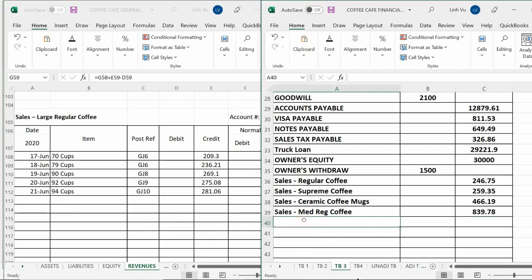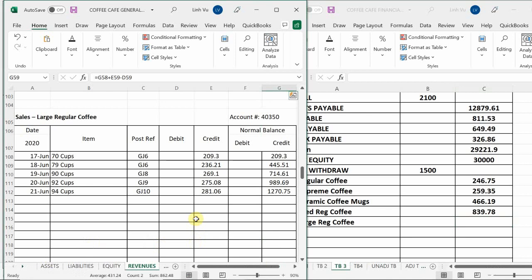We got sales for large regular coffee. For how much? 1,270.75.